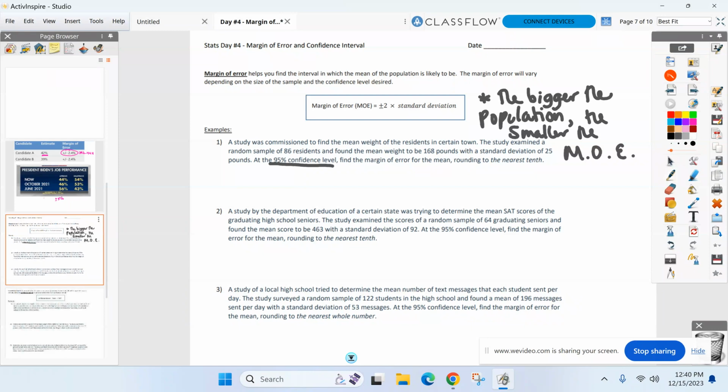That's all I need. What's the standard deviation up here? 25. So plus or minus 2 times 25, my margin of error is going to be plus or minus 50.